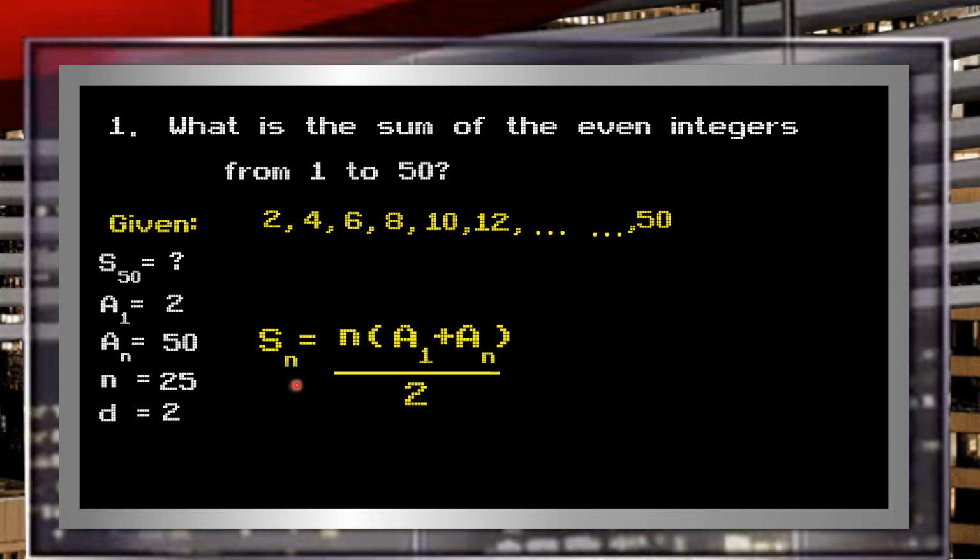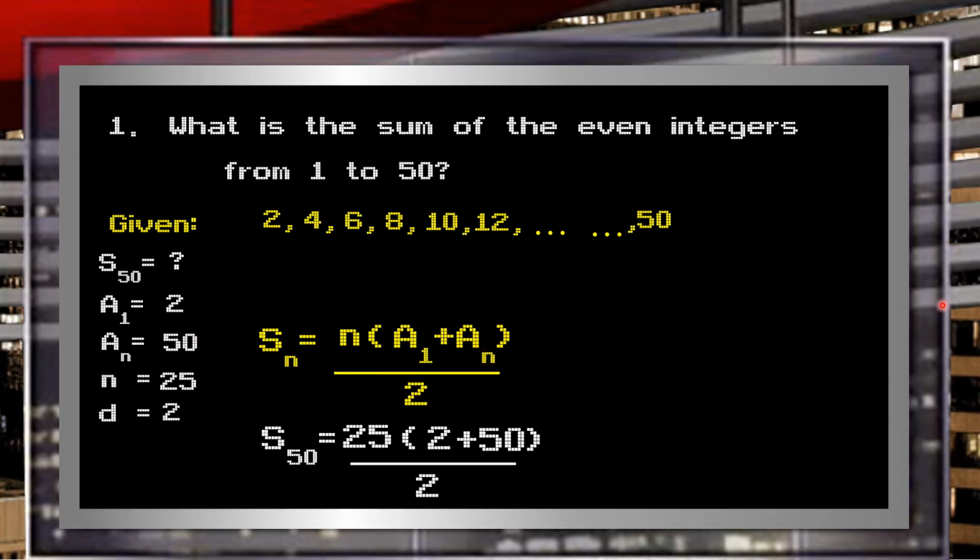S sub n is equal to n times the quantity a sub 1 plus a sub n divided by 2. So, substituting the values, S sub 50 is equal to, ang N natin ay 25 times the quantity, ang first term natin ay 2 plus, ang last term natin ay 50 divided by 2.